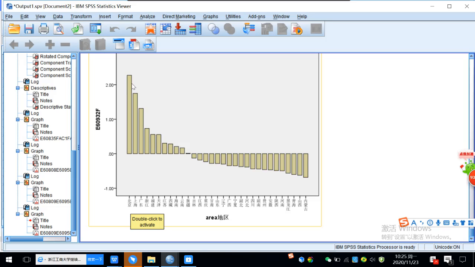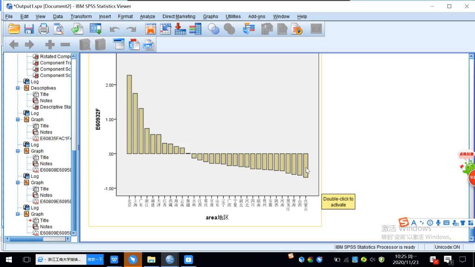Also, you can find Beijing, Shanghai, Guangdong, these three provinces have the highest income, higher than other areas. Beijing is the highest. Next is Shanghai, then Guangdong.